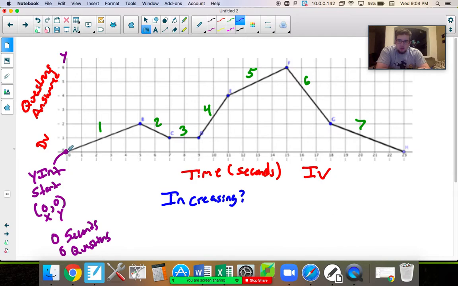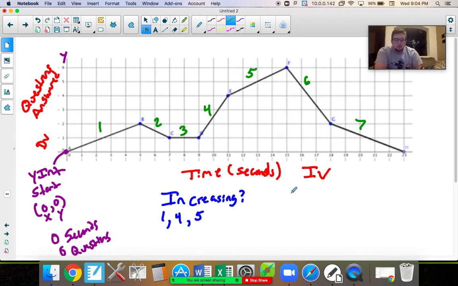So starting here, we've increased to our next dot, so section 1 is increasing. Section 2, we have not increased, so we're not going to include it. 3 has no increase, so we're not going to include it, but we're going to include 4 and 5, but not 6 and 7.